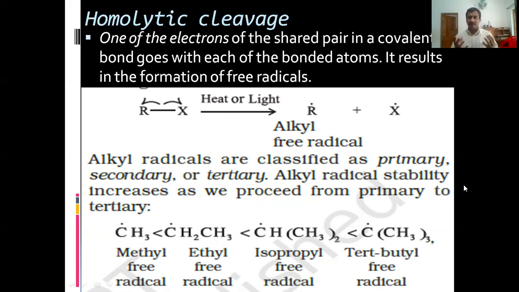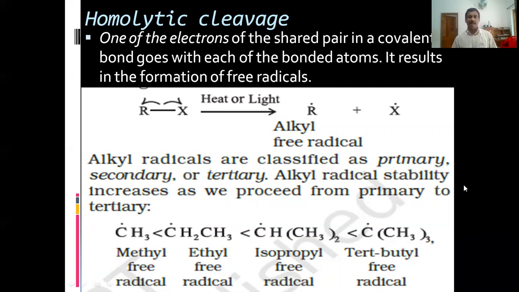Then we will get two species which will be the same and without any positive or negative charge, and the two groups will possess an unpaired electron, so we'll call them free radicals, very reactive free radicals. One of the electrons of the shared pair in a covalent bond goes with each of the bonded atoms. It results in the formation of free radicals.